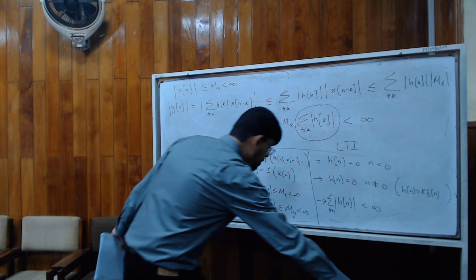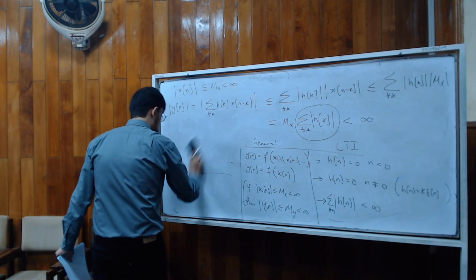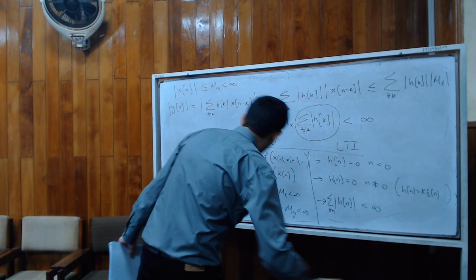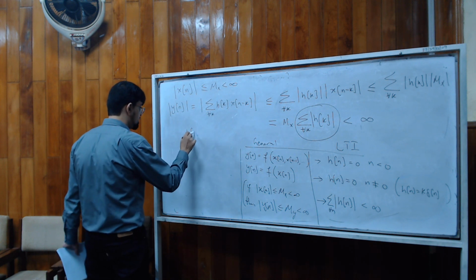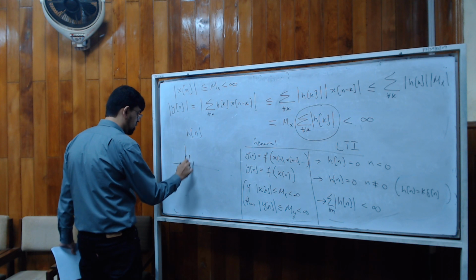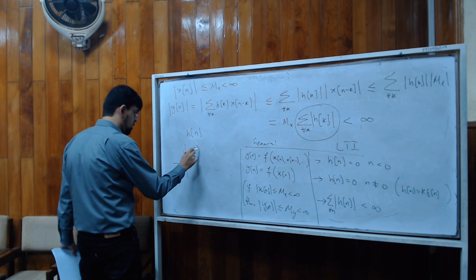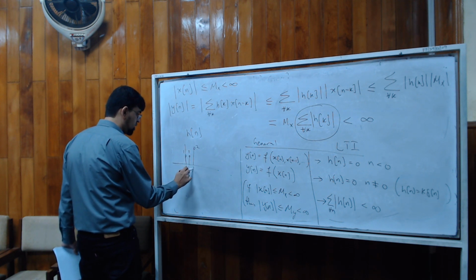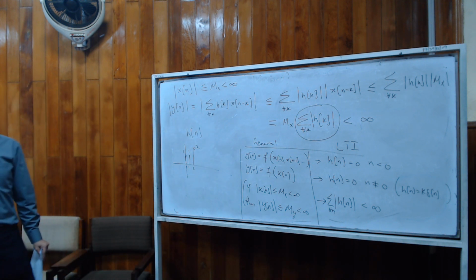So the previous example that I gave: let's say you are told that an LTI system has an impulse response that looks like this, 1, 1, 2, at n equal to 0, 1, 2. Is this system stable?